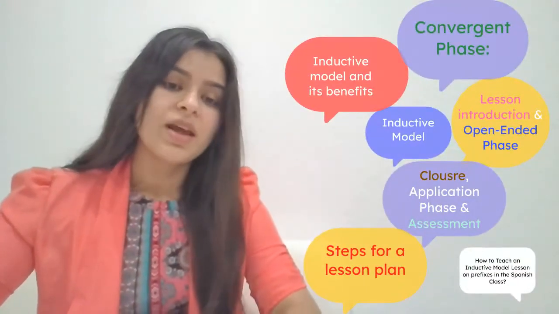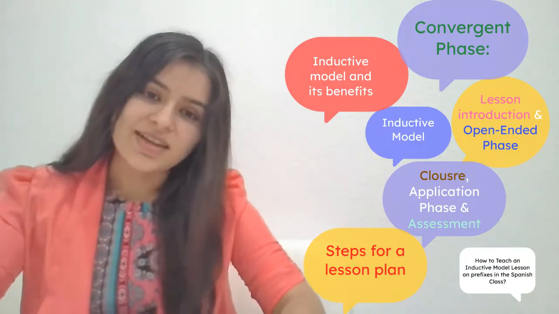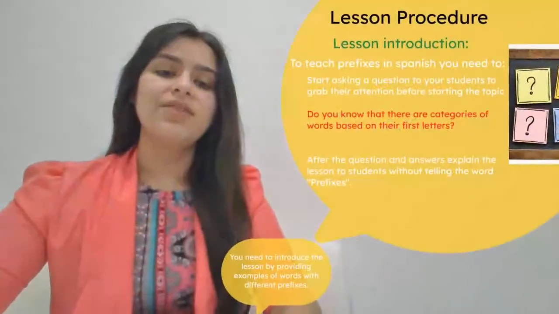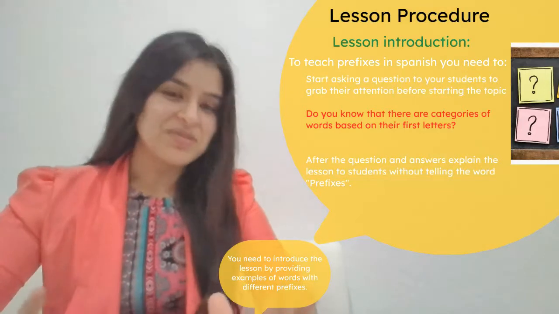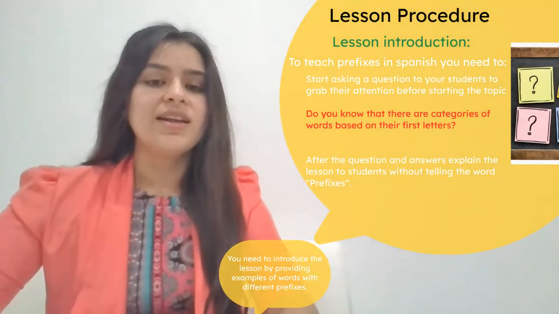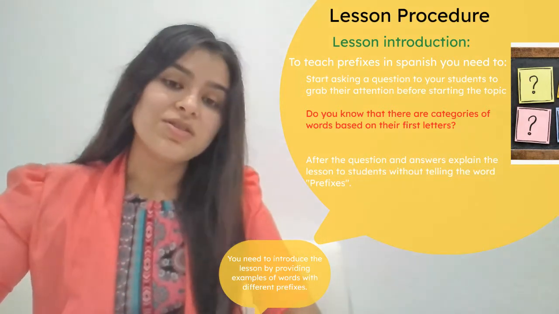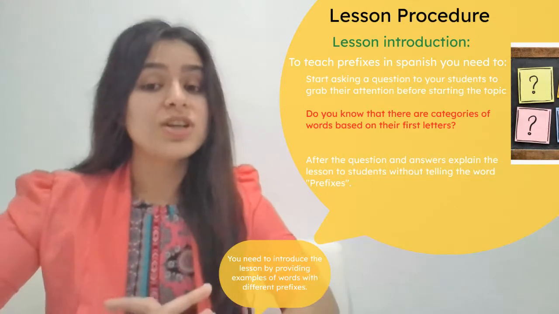Okay, after that, I'm going to start talking about the phases that the inductive model has. The first phase is called the lesson procedure, let's say. And here you have the lesson introduction. It's when you need to teach prefixes in Spanish, but you start by asking a question.